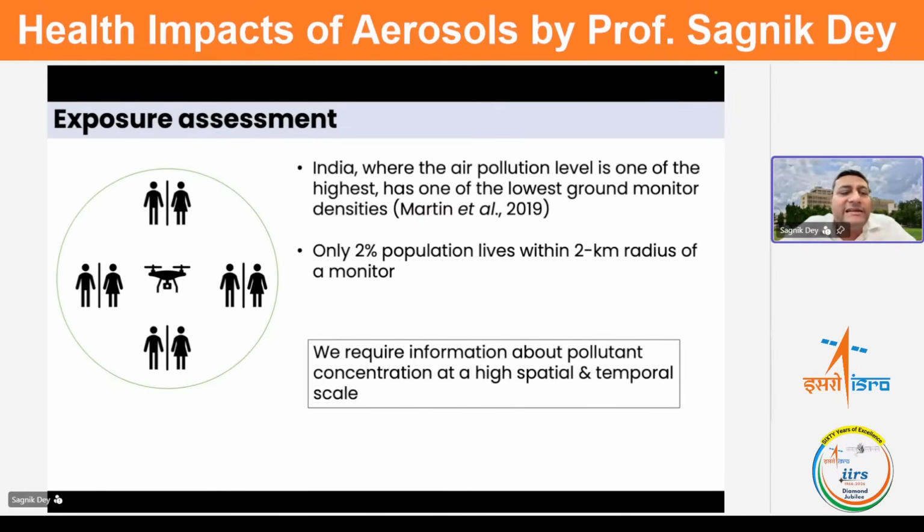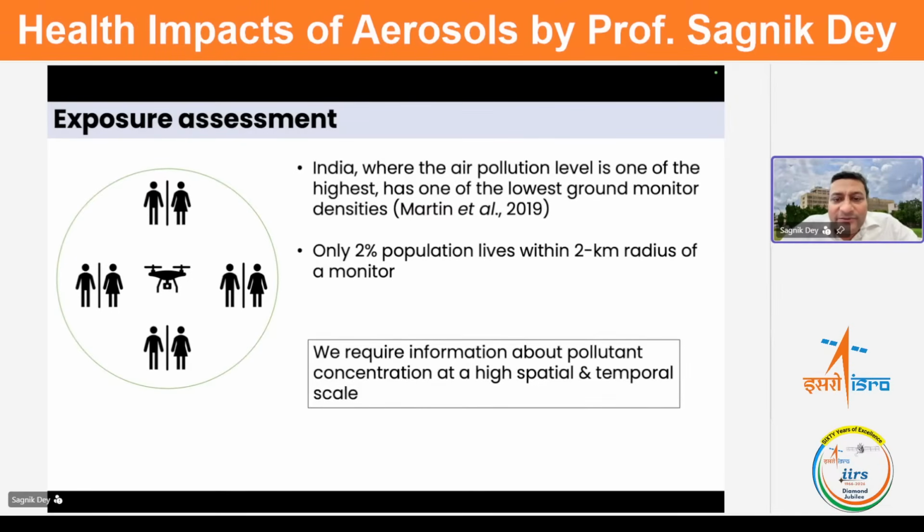If we have to assign exposure at a population scale, the next best thing is a ground monitor. These are the air quality stations maintained by the Central Pollution Control Board. And we can assume that people living nearby that ground monitor are breathing typically the pollution level reported by that particular monitor.